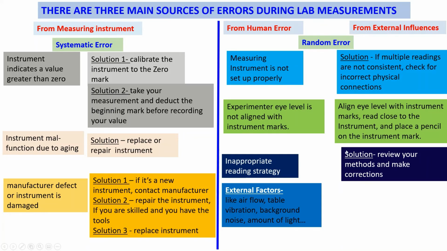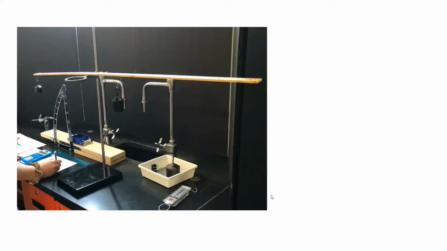The last source of random errors is external factors like airflow, table vibration, background noise, and amount of light. They all can be considered external influences that are going to affect your reading.